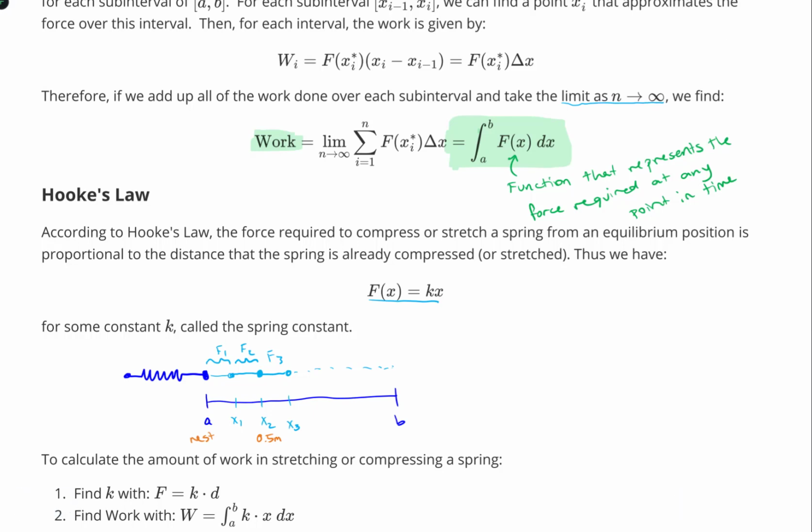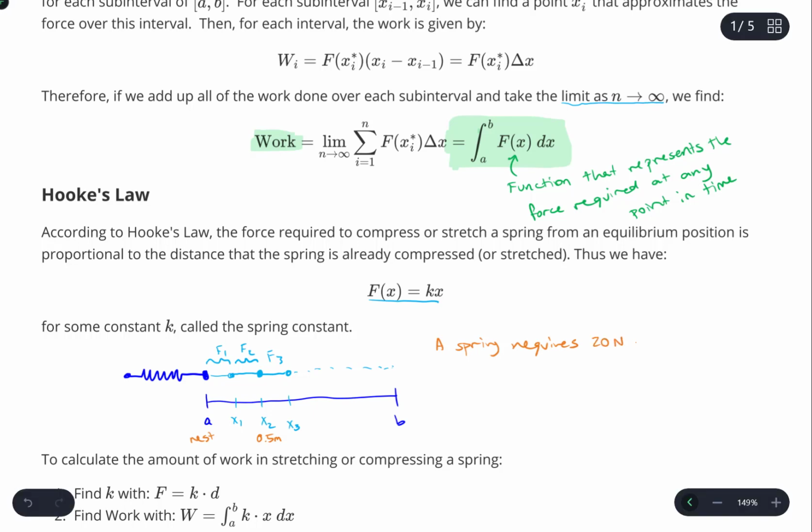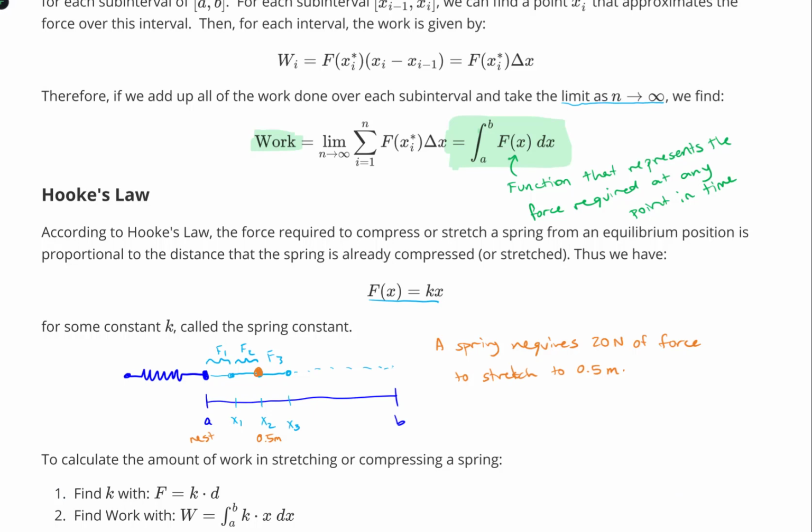They might say a spring requires 20 newtons of force to stretch to 0.5 meters. So this is a snapshot at this one particular point. We know exactly how much force is required to move it here. And because it's proportional at all other points, this constant is the same, so we can predict the amount of force from there forward.